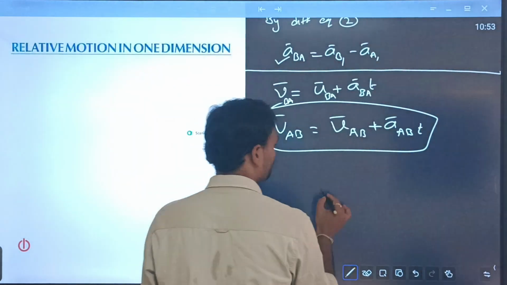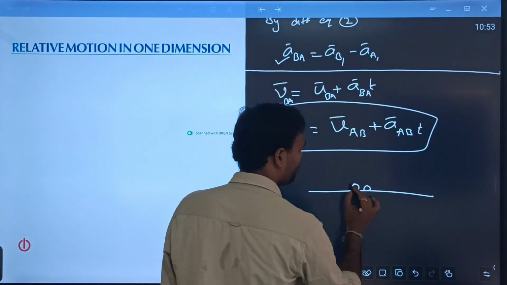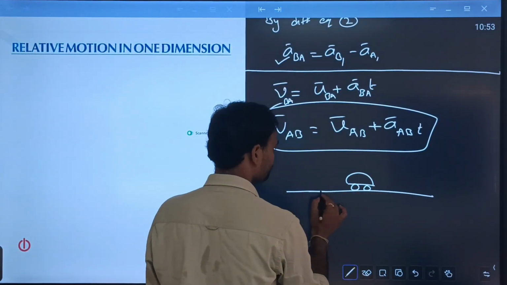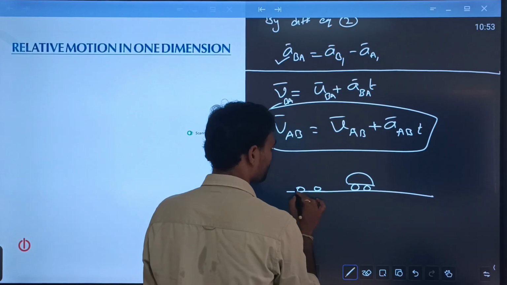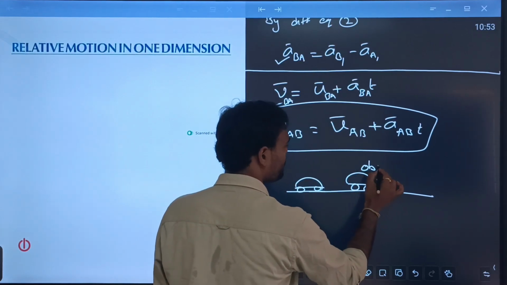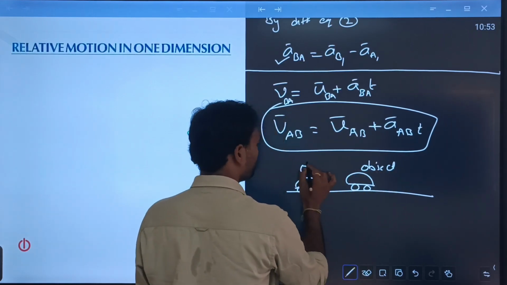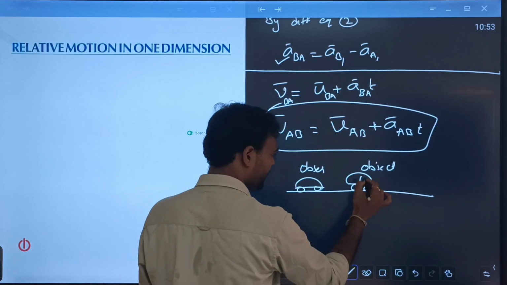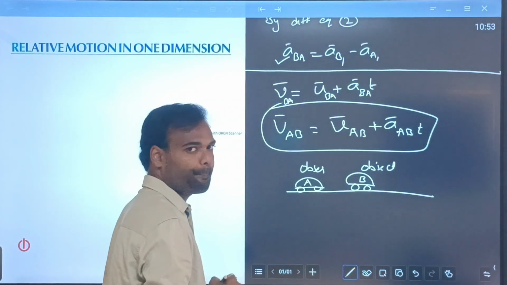Now let us assume, for your clarity, this is the object. This is the observer. We name it as A. Right?